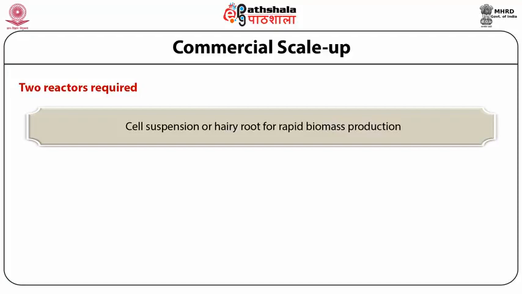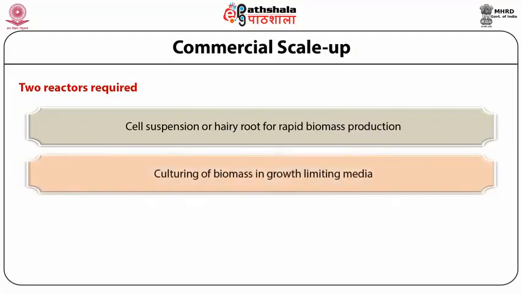And the first bioreactor would be connected to the second bioreactor, where the conditions would be made rate limiting. The stress level will be increased so that the cells or the tissues being cultured inside that reactor are forced to produce secondary metabolites. So in other words, the conditions would be more growth limiting so that the production of secondary metabolites can happen.